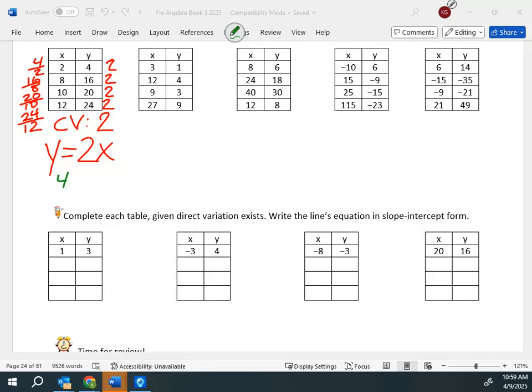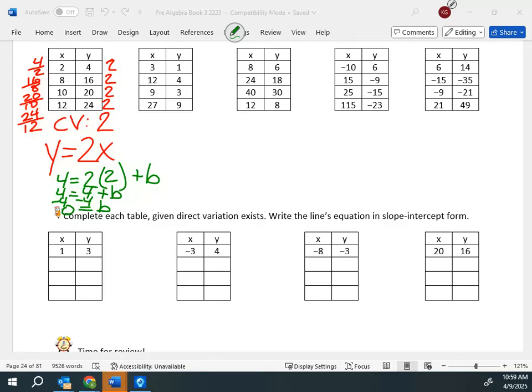So y equals mx plus b. 4 equals 2 times 2, which is 4, plus b. Subtract the 4, moving it over, and I have 0 equals b.